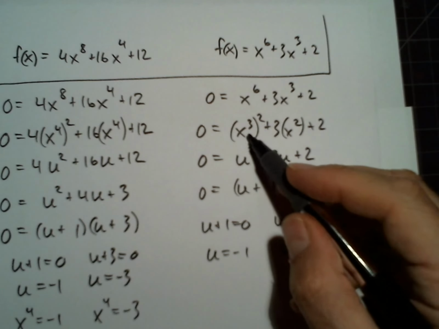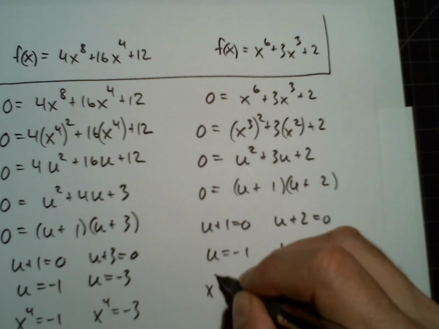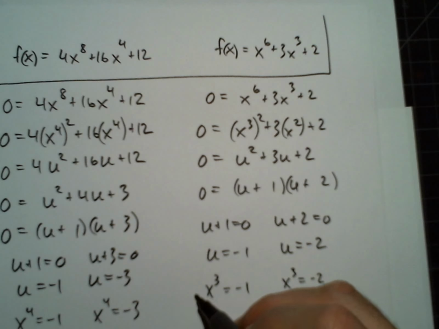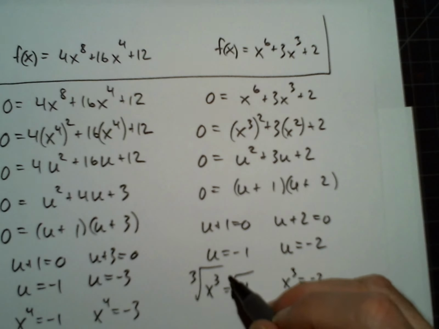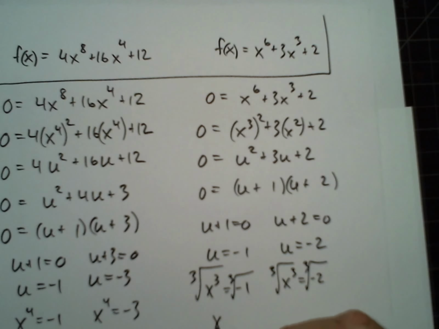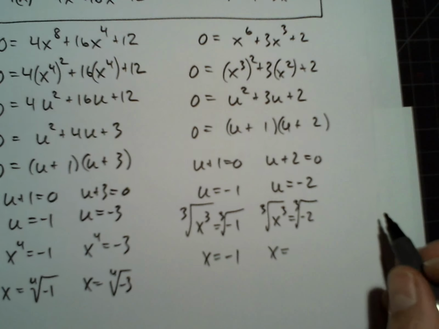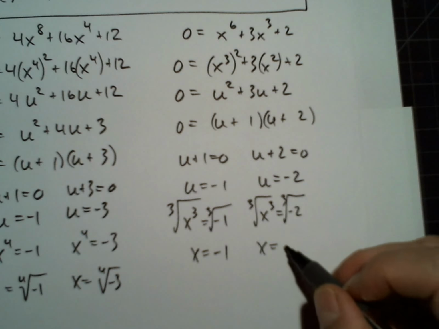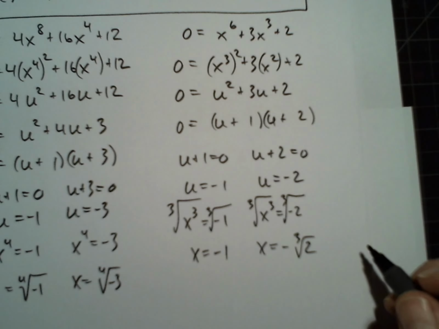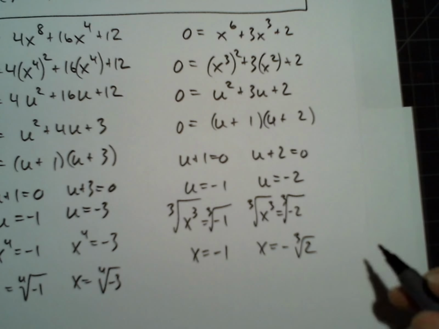And u is x cubed. We'll do the cube root. The cube root of a negative is negative, so we'll get negative 1. And the cube root here, we could just write it as negative cube root of 2. And that's it for today.